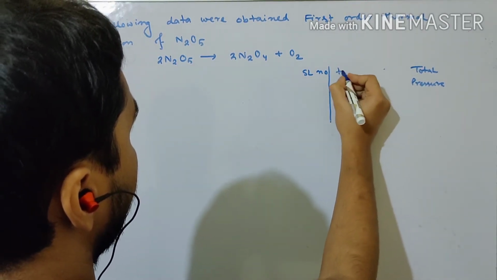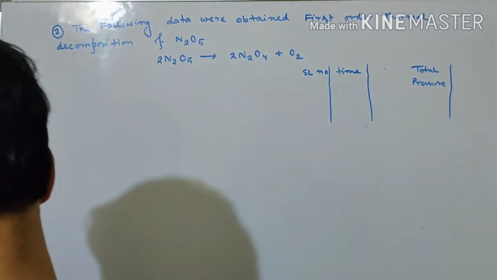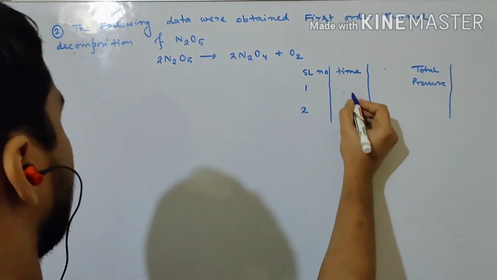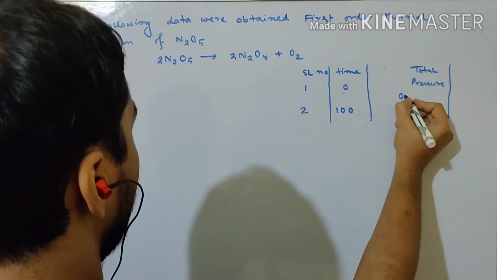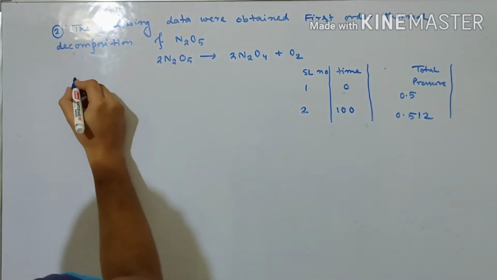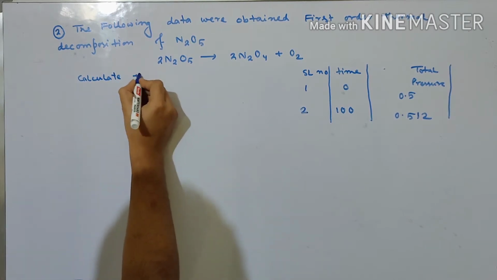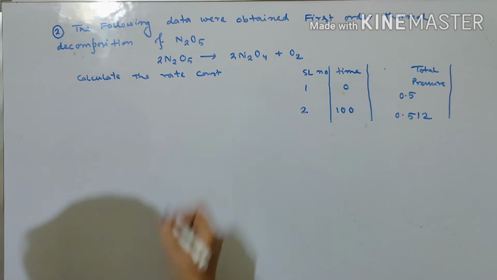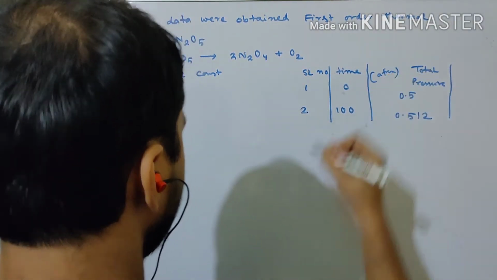Serial number 1 and 2, time is 0 and 100, and the pressure is 0.5 and 0.512. The question is, we have to calculate the rate constant. Now pressure is calculated in atmospheric pressure, that is ATM.